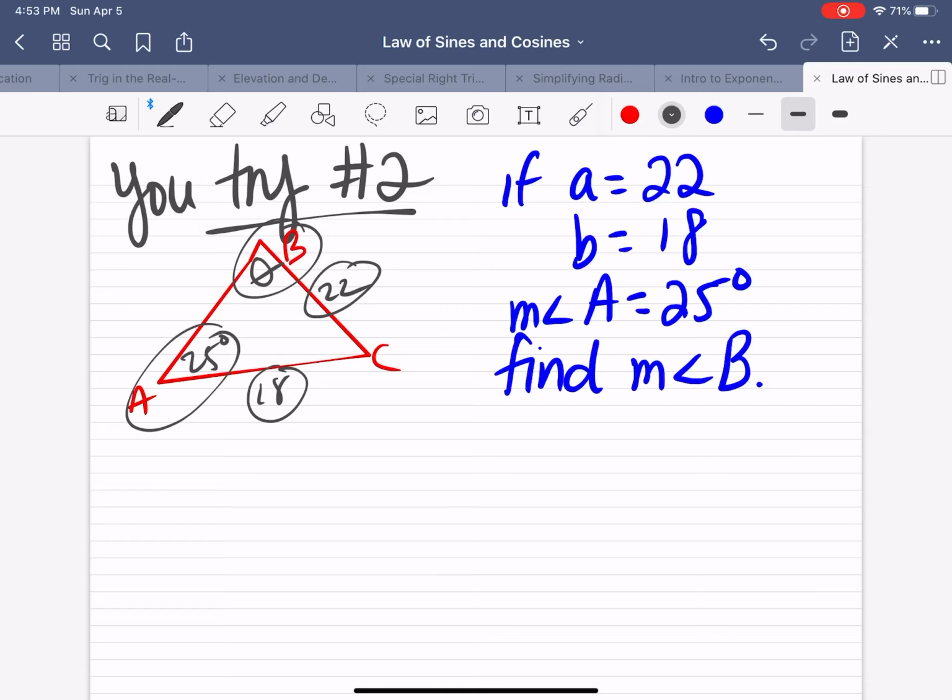So it's a simple problem, so it'll be sine of A over A is equal to sine of angle B over side B. And if you plug it in, you get sine of 25 over 22 is equal to sine of theta over 18. So of course you cross multiply.